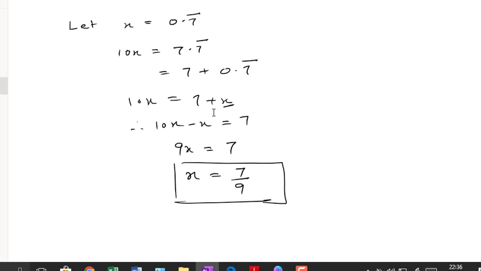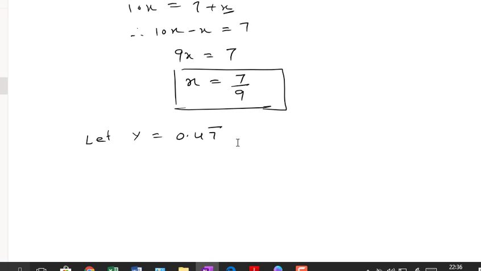Now I will consider let y equal to 0.47 bar. Now bar is on 7. So here again in the same way I can find 100y or I can find 10y. So if I write 10y, I will get 4.7 bar.